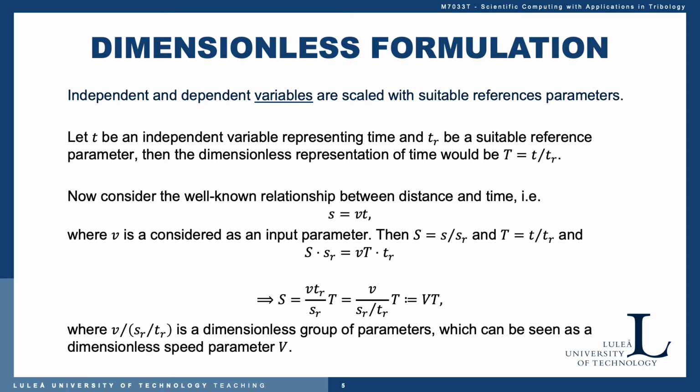So we have this group V times t_r over s_r, which is a dimensionless group of parameters, and this has been used to define the dimensionless speed parameter V bar. And in terms of these dimensionless variables s bar, V bar and t bar, we have a complete non-dimensional model.